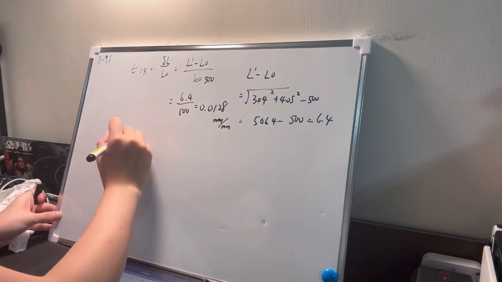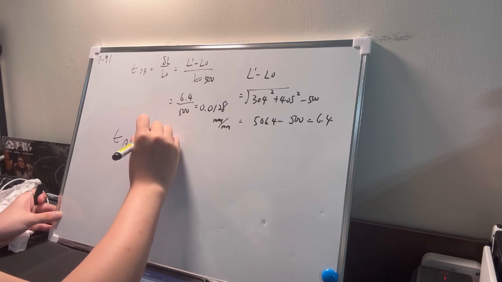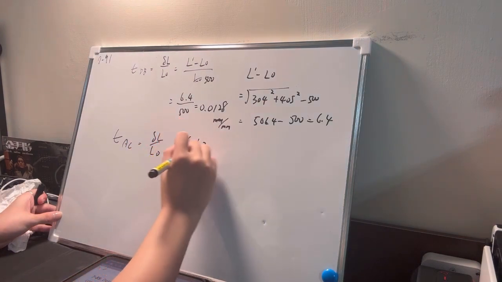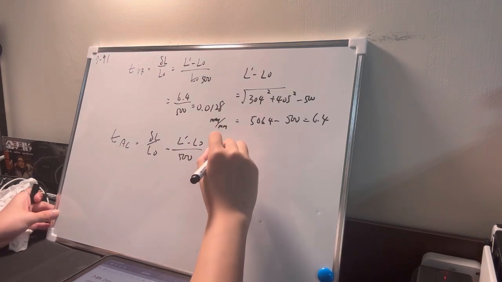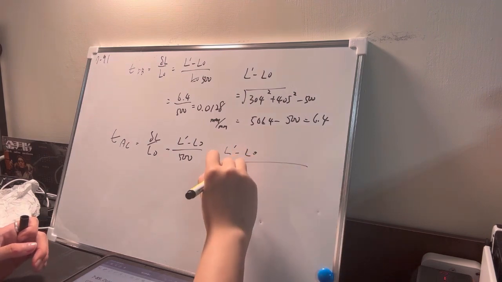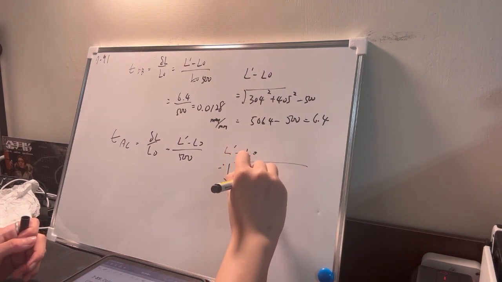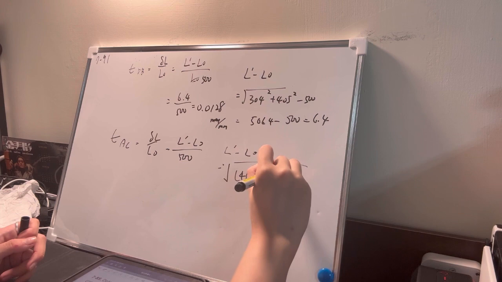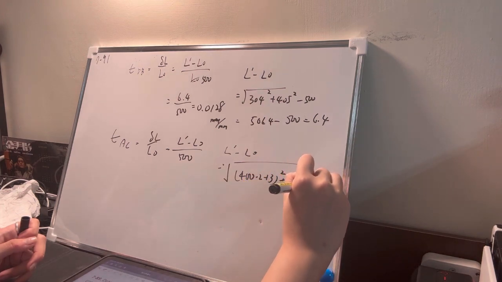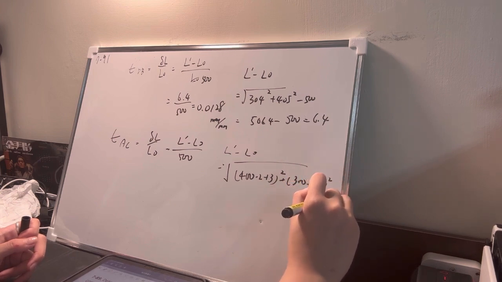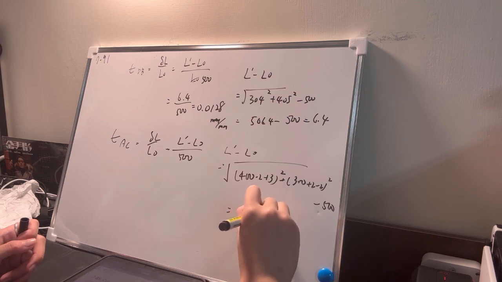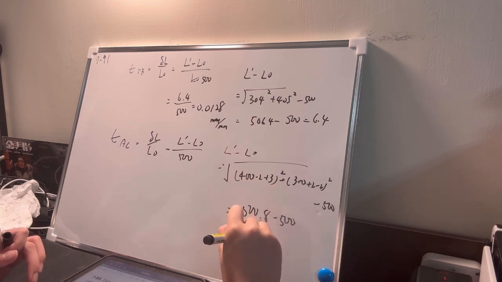And this one also AC here, and also the same function and 500. And this one is equal to 400 minus 2 and plus 3, and the 300 plus 2 and minus 2 and minus 500, and you will get 500.8 minus 500 and it's 0.8.